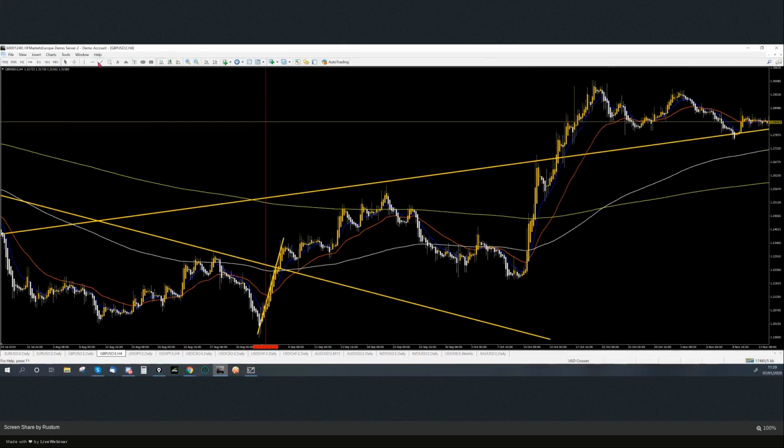And in this case, it comes down, touches the 36 perfectly. And then that's my first entry there. And then you can identify, if you want, the second time prices goes higher and comes back down to the 36. So in this case, you're getting a whole lot of good opportunities there.